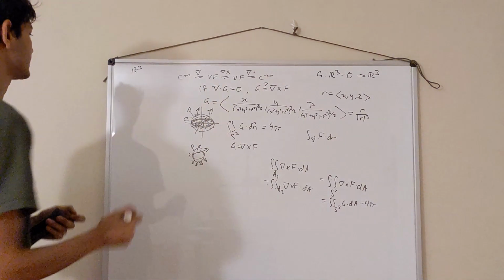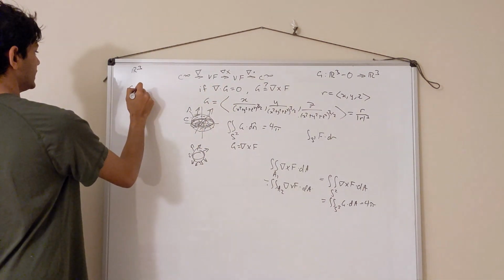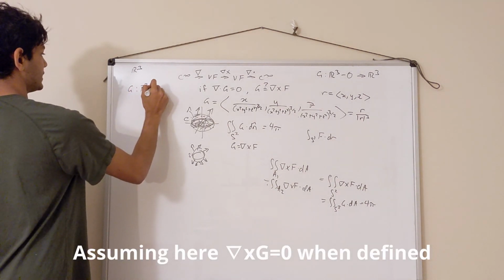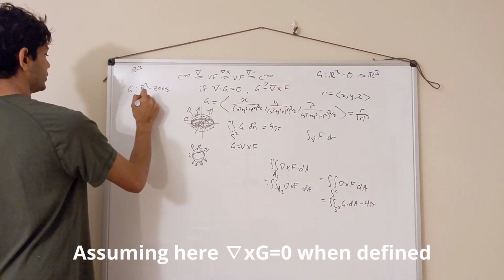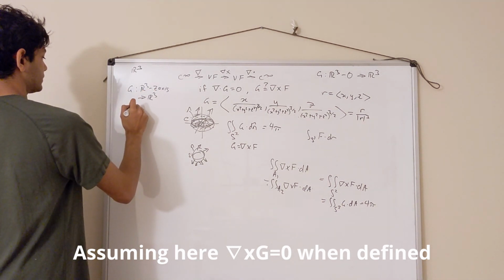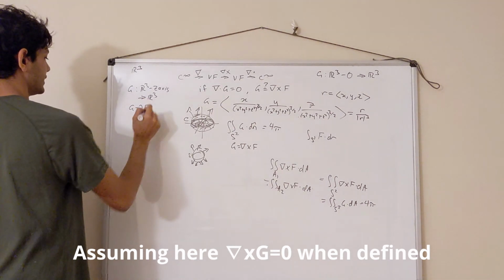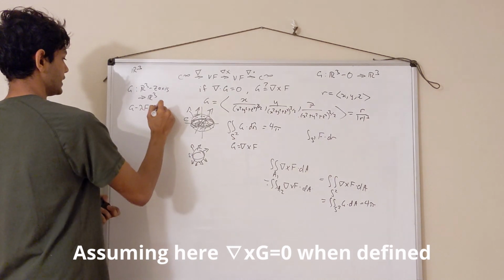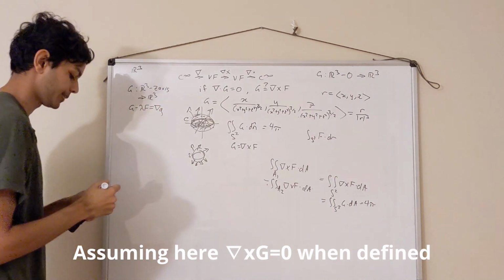What I mean by that is, if G is some vector field on R3 minus the z-axis to R3, then if we take G minus some sufficient lambda f, where f is our vector field from earlier, then this should be expressible as the gradient of some function.